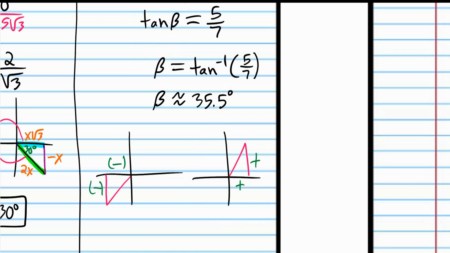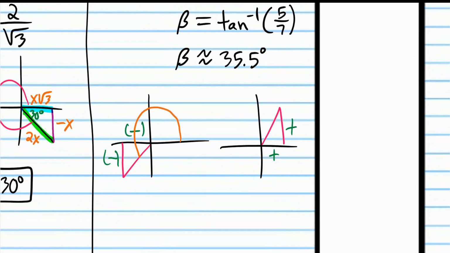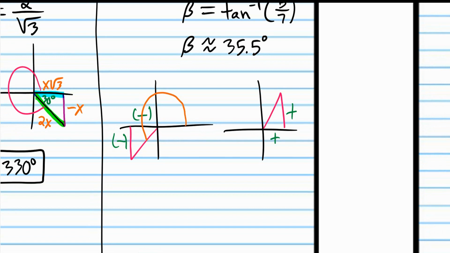We need to do some basic math to figure out what this orange angle is. But of course, you know how to do that. We just need to add that number to 180 degrees. So that orange angle is 215.5 degrees.